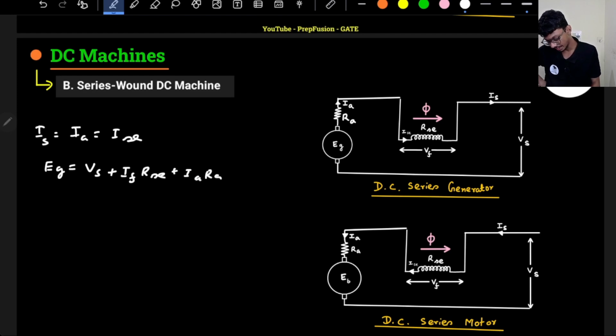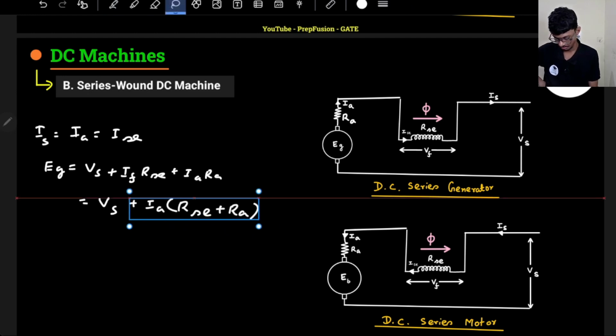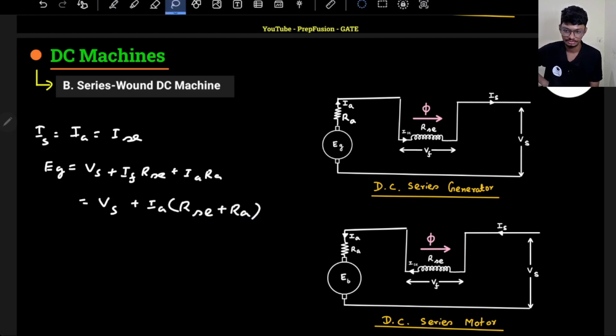So IF is simply IA only, so it is basically equal to VS plus IA into (RAC plus RA). Okay, very simple and easy to understand.